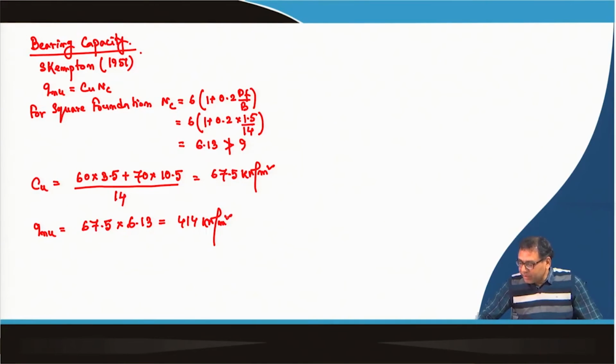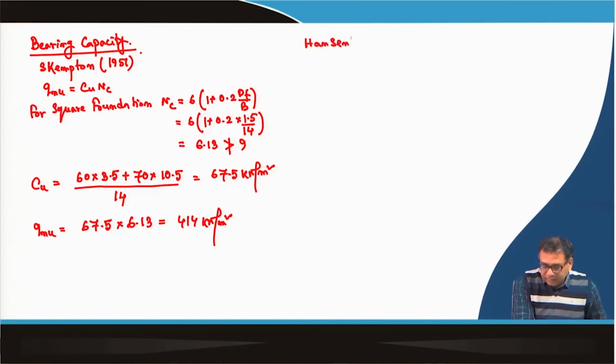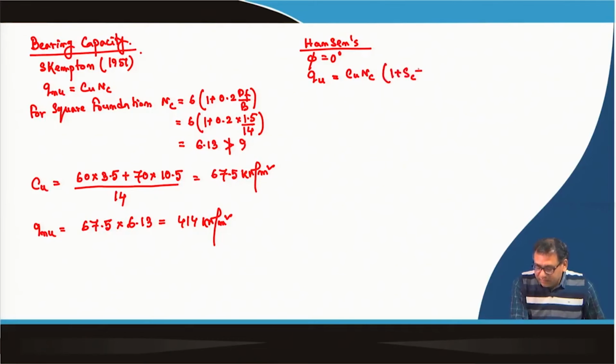Now, I will use Hansen's bearing capacity equation. For phi equal to 0 degree, because here phi equal to 0, Q ultimate is equal to Cu Nc (1 plus Sc plus Dc minus Ic) plus q.